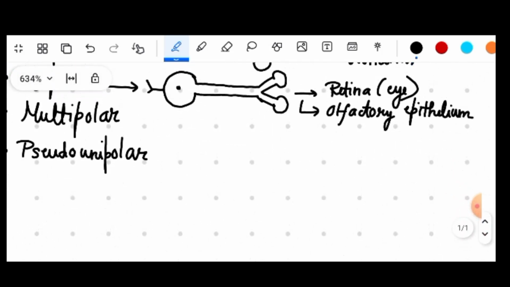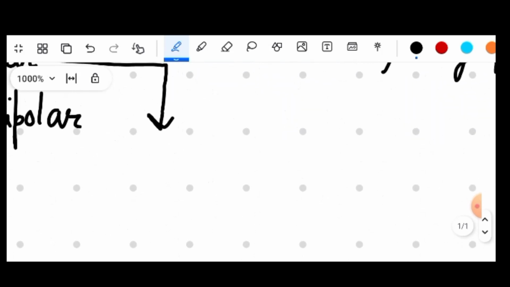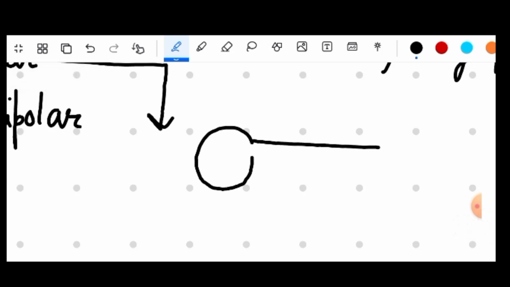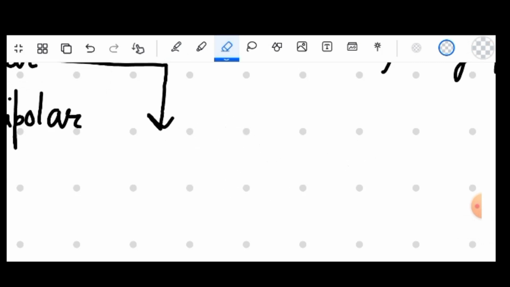Next, the multipolar neuron, which is the one I drew on the top in a detailed fashion. This is the multipolar neuron basically.